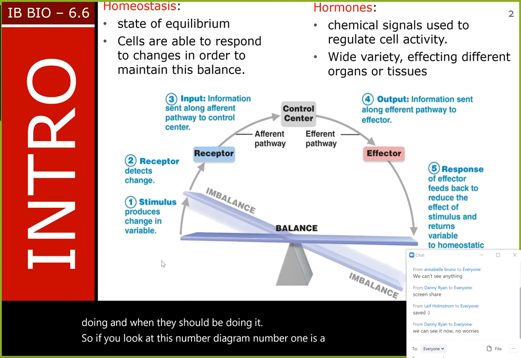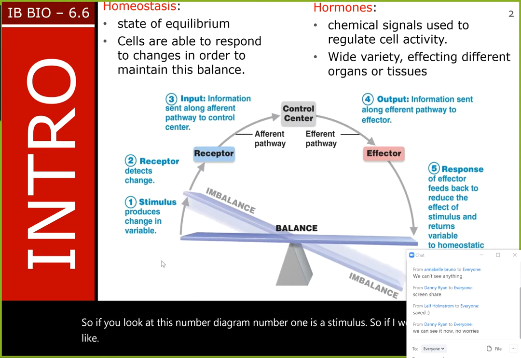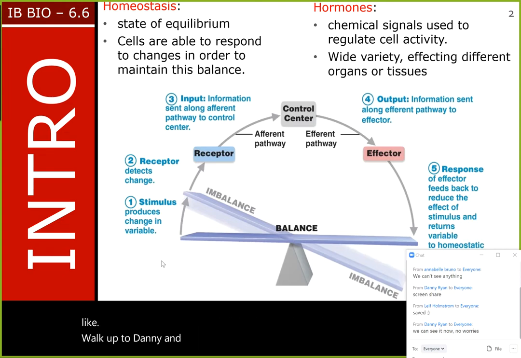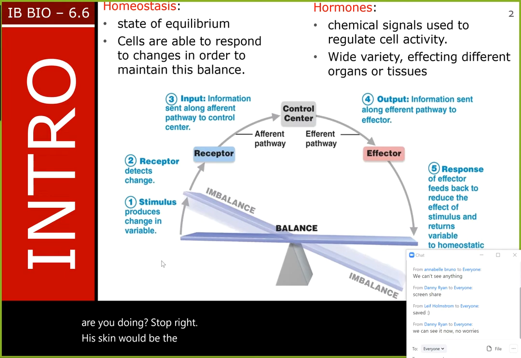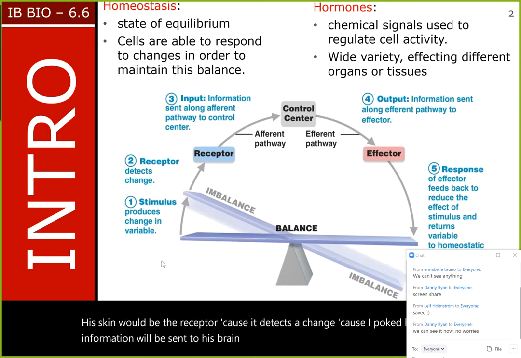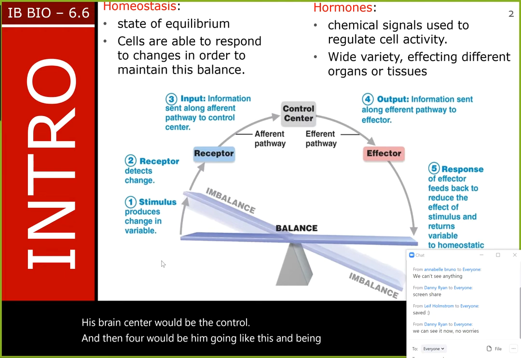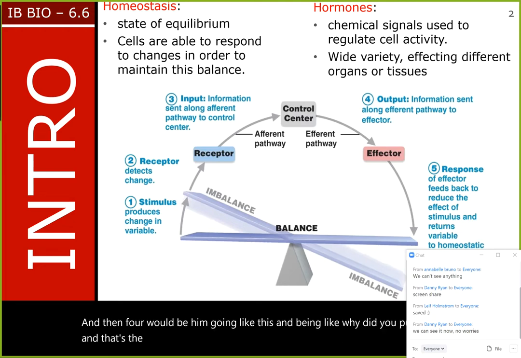If I were to walk up to Danny and poke him, that would be the stimulus. And he'd be like, what are you doing? Stop, right? His skin would be the receptor because it detects a change because I poked him. The information would be sent to his brain, that would be 3. His brain center would be the control. And then 4 would be him going like this and being like, why did you poke me? And that's the response.